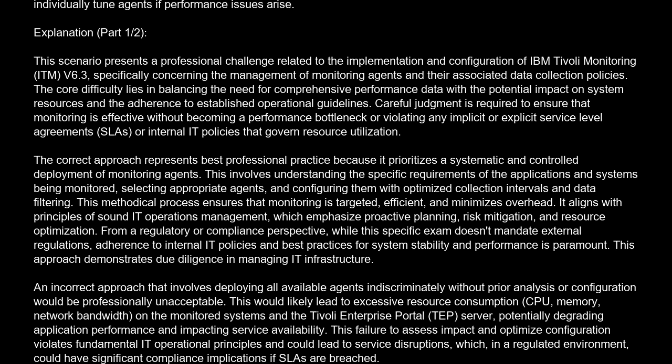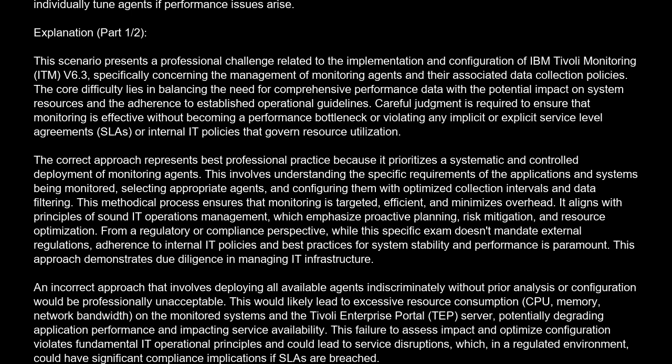The correct approach represents best professional practice because it prioritizes a systematic and controlled deployment of monitoring agents. This involves understanding the specific requirements of the applications and systems being monitored, selecting appropriate agents, and configuring them with optimized collection intervals and data filtering. This methodical process ensures that monitoring is targeted, efficient, and minimizes overhead.